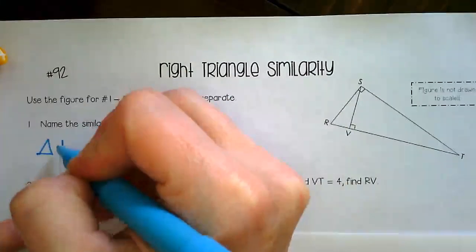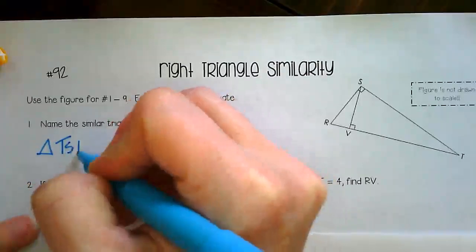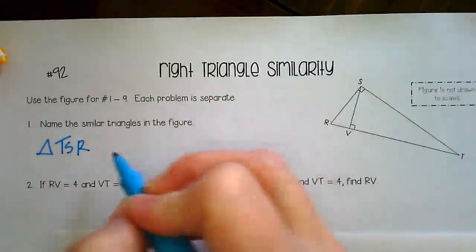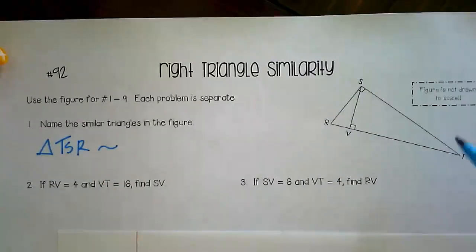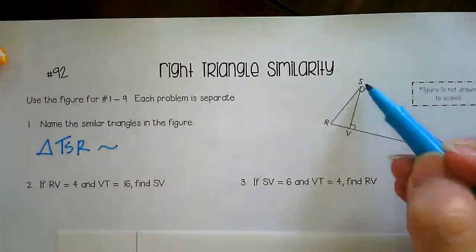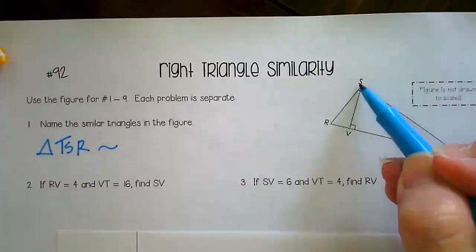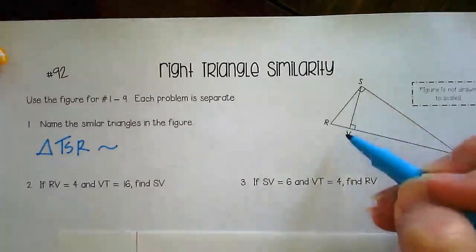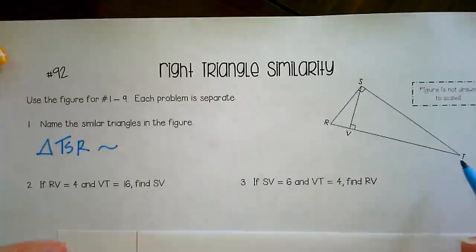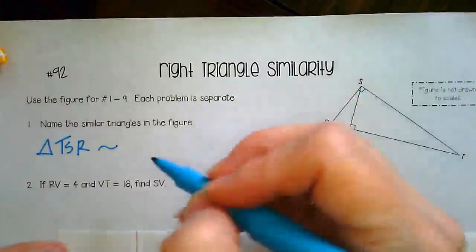TSR, so Papa Bear is TSR, and he is similar to Mama Bear. So I did TSR, which was long leg, short leg. So now I need to name Mama Bear long leg, short leg, and that would be TVS.